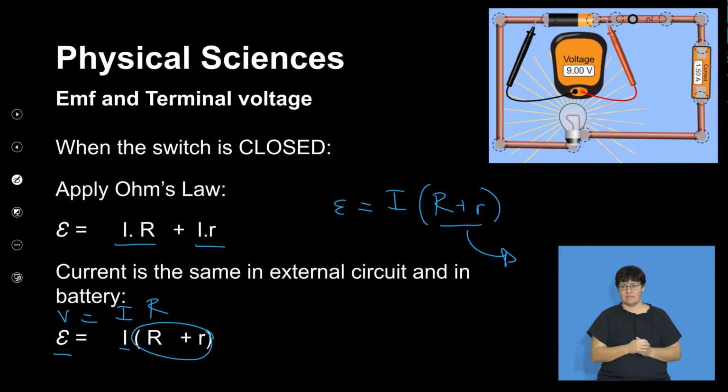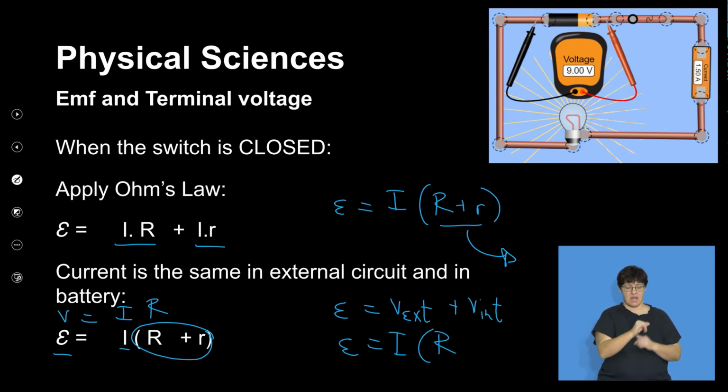So these are variations of the EMF equation. That's how we would actually apply it. Whether you choose to look at it as E is equal to V external plus V internal, it's the same as saying E is equal to I multiplied by R plus r. But why is I a common factor?